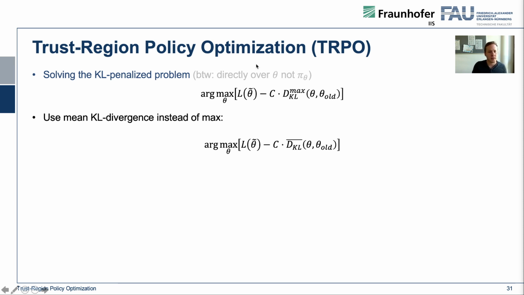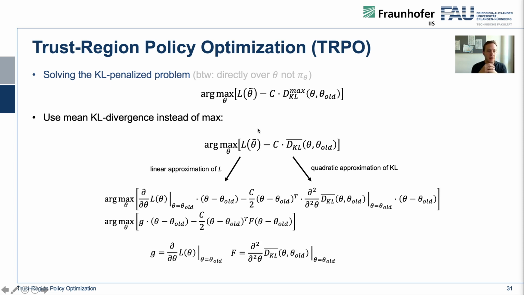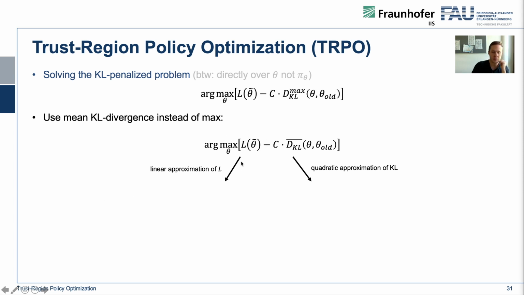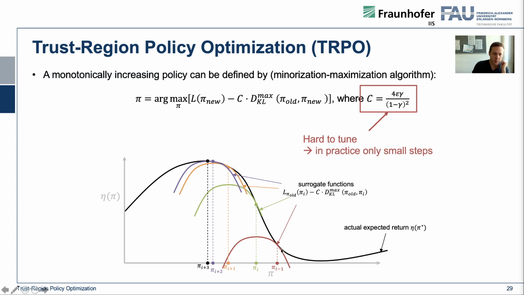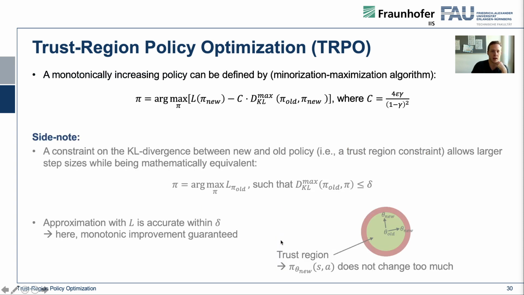Okay, so this is the function that we want to optimize. Not very complicated, as you will see in a minute. If you remember what we explained in the beginning, we make local approximations to our functions. So what is actually L? It's nothing else than a linear approximation of our L. L is something like the direction of improvement, which can be described by a linear approximation.